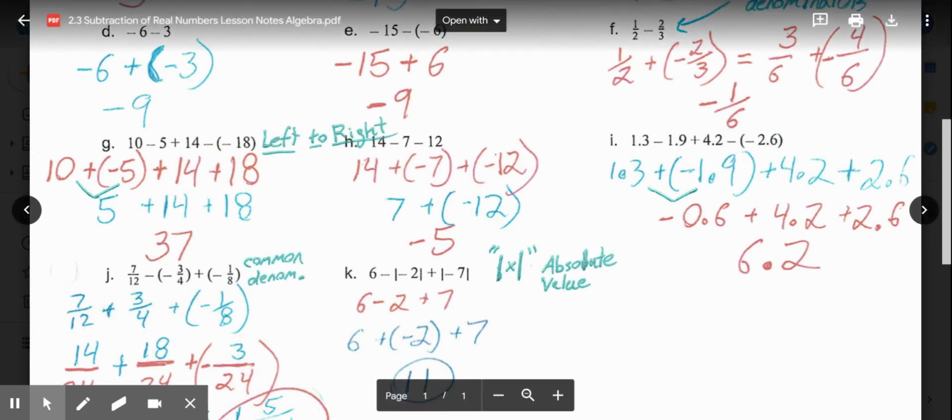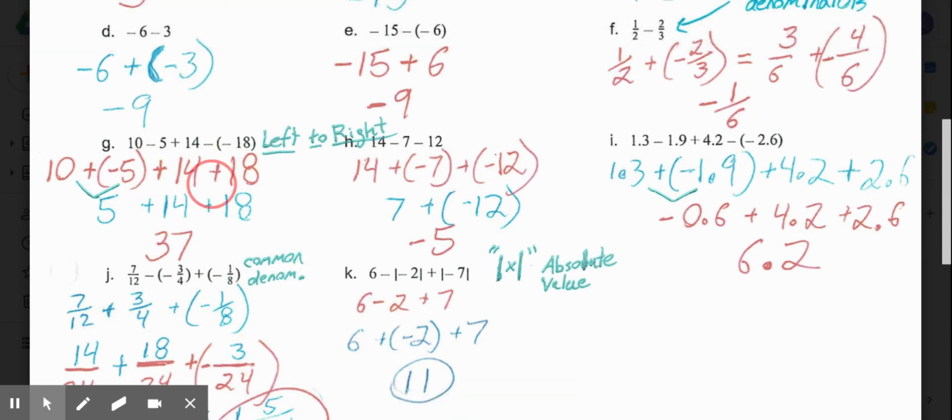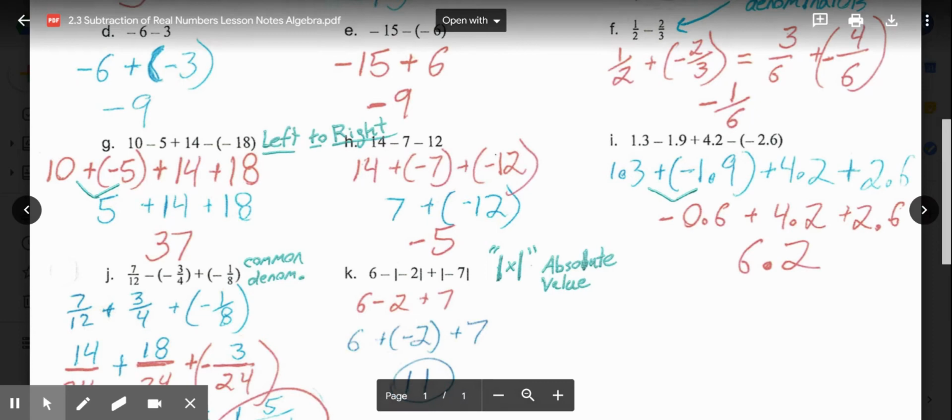So when I rewrite this, it would be rewritten as 10 plus a negative 5 plus a 14, and then the minus negative 18 becomes a plus 18. So now it's all addition. Then 10 plus a negative 5 is 5. 5 plus 14 plus 18 gives me a positive 37.